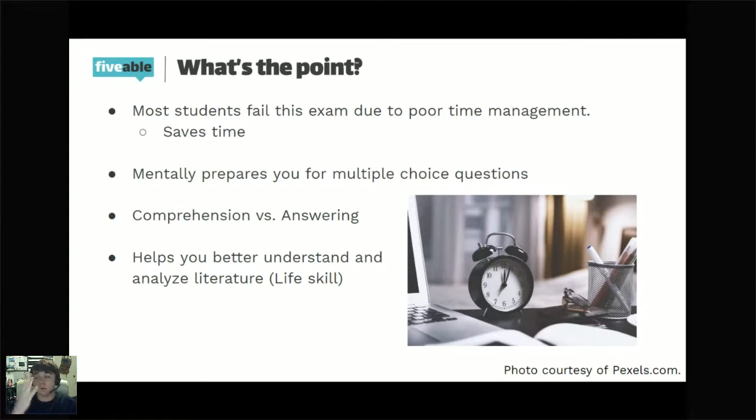And some people do like to read the question before. In an essay, obviously read the question first. But when it comes to multiple choice, people like to read the question and the answers first and then read. That all goes back to the analytical mind thing: reading, drawing your conclusions, comprehending all at once. Comprehension versus answering.